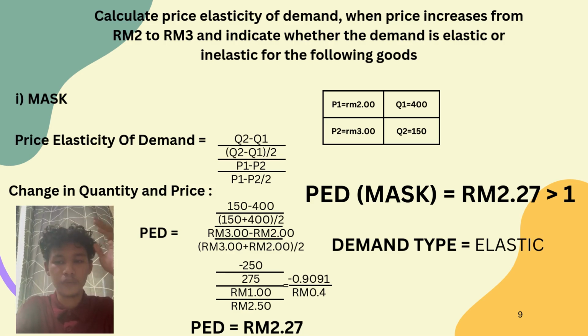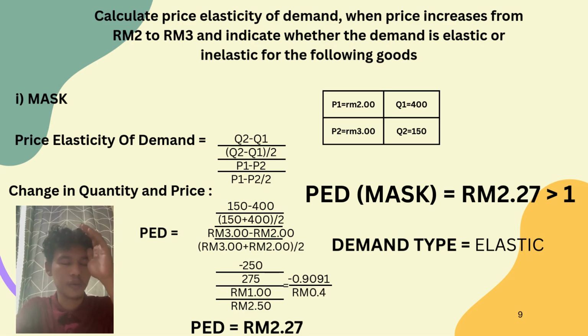The price framework is price 2 minus price 1, divided by price 2 plus price 1 divided by 2. We now substitute our values in the formula under the title change in quantity and price.